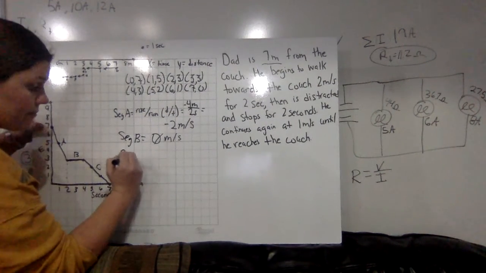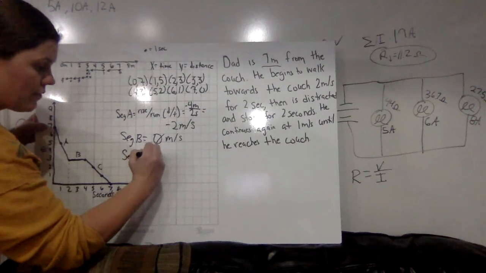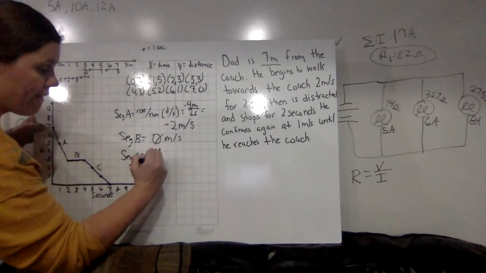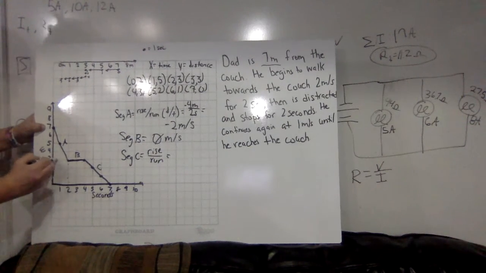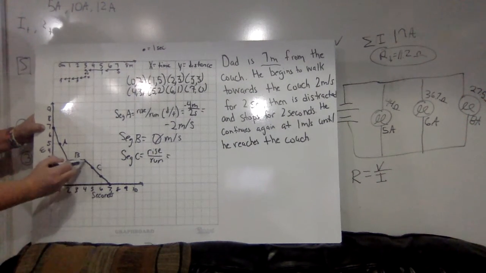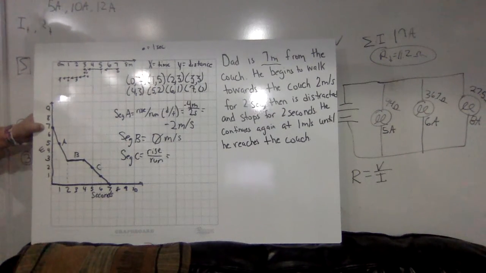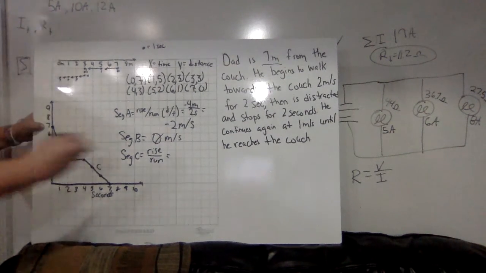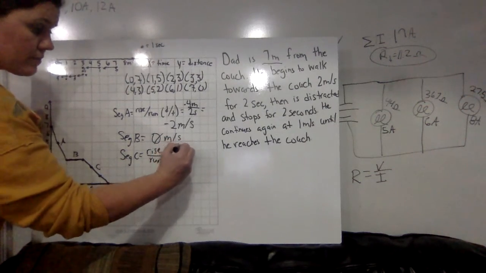Segment C, rise over run. Segment C begins right here at 3 meters and it goes down to 0 meters, from 3 meters to 0. So if I'm going from 3 meters down to 0, that means I'm going a total of negative 3 meters.